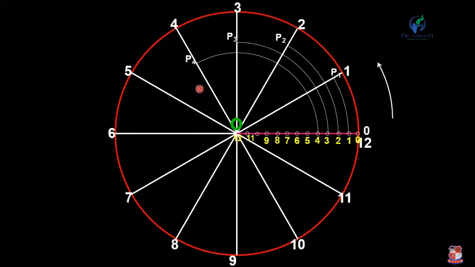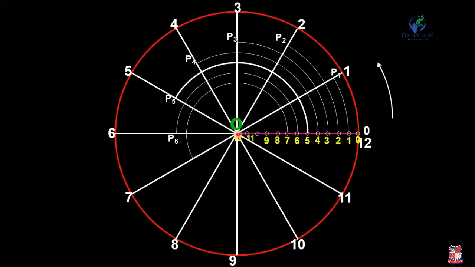Yeah, so point P4 is on this line. Similarly, you can find the point P5. Now O as a center, radius equal to O6, and you will get the point P6. O as a center, radius equal to O7, you will get the point P7.